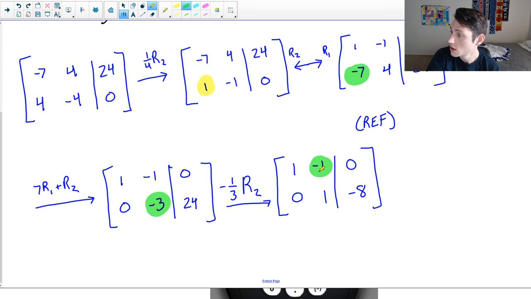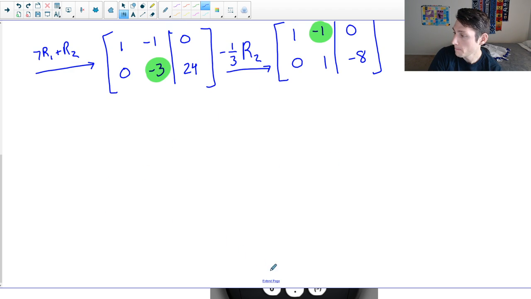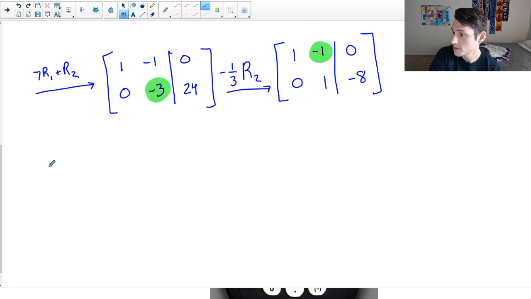All right, so what do I need to add to negative 1 to make 0? Just 1. So I'm just going to do row 2 plus row 1. I don't even need to multiply it by anything because I already have 1 and negative 1.